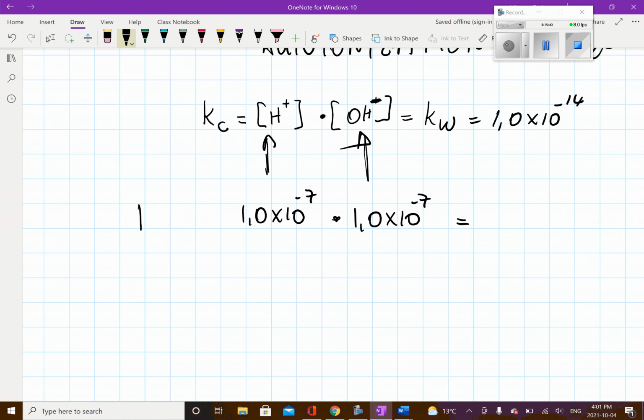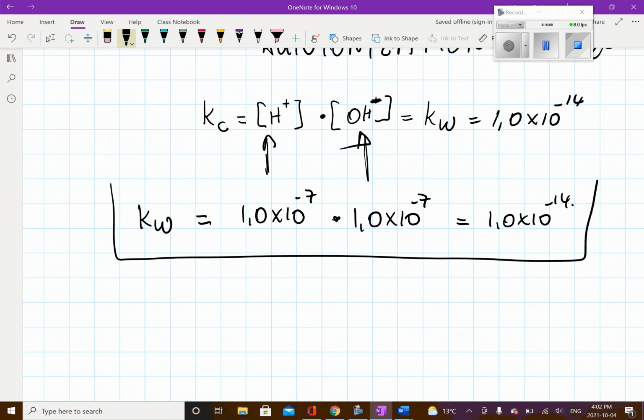Therefore, Kw, which we will assume is at 25 degrees, will be 1.0 times 10 to the power of negative 14. So this is a constant.